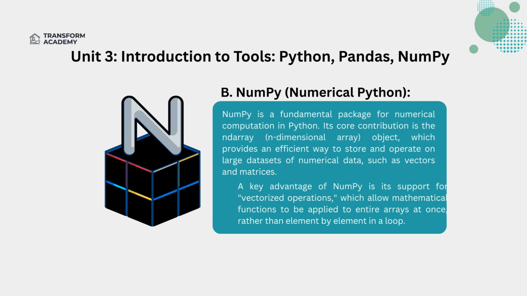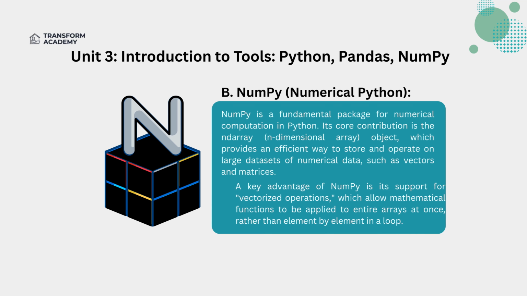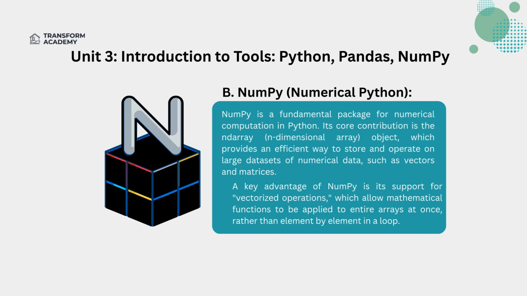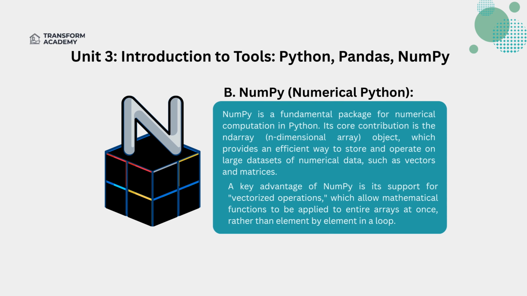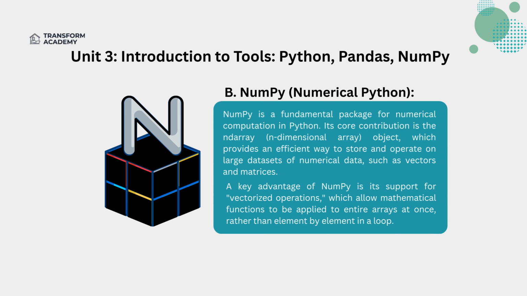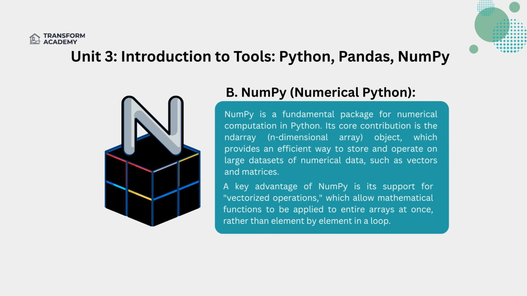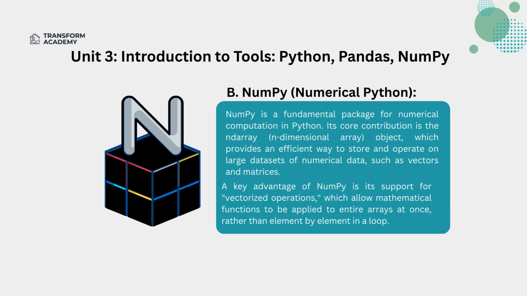A key advantage of NumPy is its support for vectorized operations, which allows mathematical functions to be applied to entire arrays at once, rather than element by element in a loop. This leads to significantly faster execution speeds compared to standard Python lists, making it crucial for performance-intensive calculations common in data analysis and machine learning.